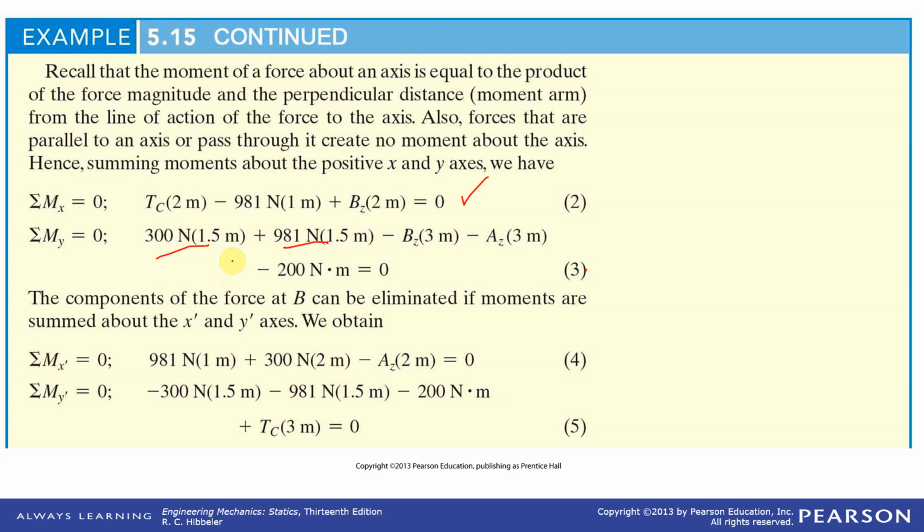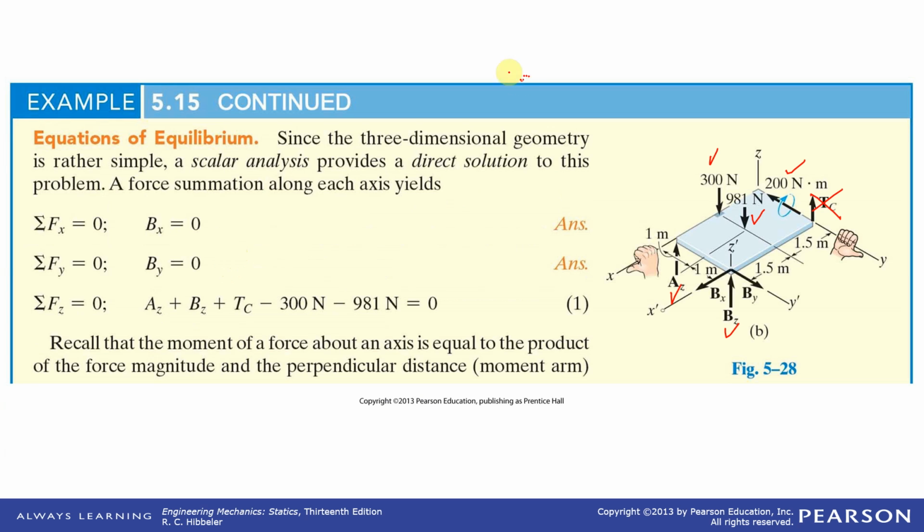Okay, and now it's just a matter of solving the equations. I'm going to go ahead and set that up in a spreadsheet. Okay, we're ready to pick this up again.